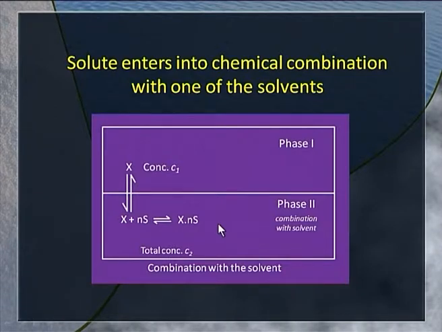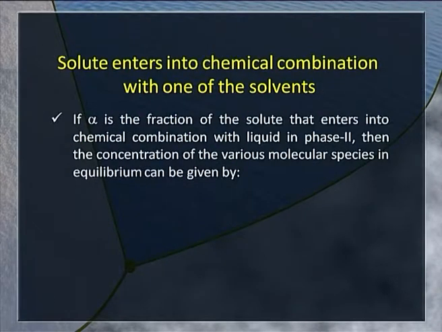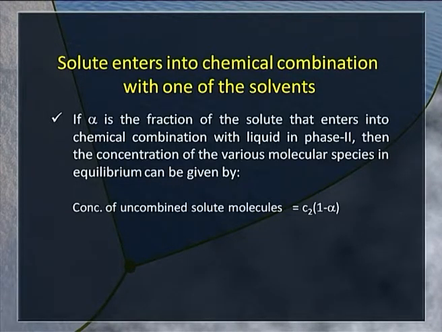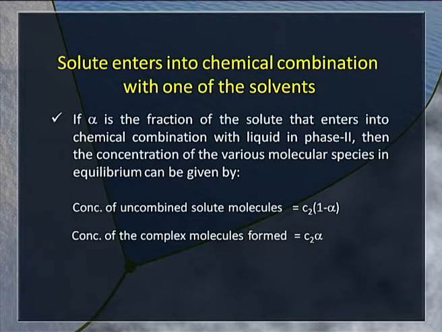The concentrations in the two phases, as we can see, are C1 and C2, and if alpha is the fraction of the solute that enters into chemical combination with the liquid in phase 2, then the concentration of the various molecular species in equilibrium can be given by: concentration of uncombined solute molecules is equal to C2 into 1 minus alpha, whereas concentration of the complex molecules formed will be C2 alpha.